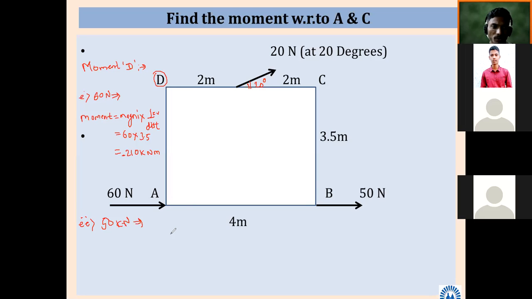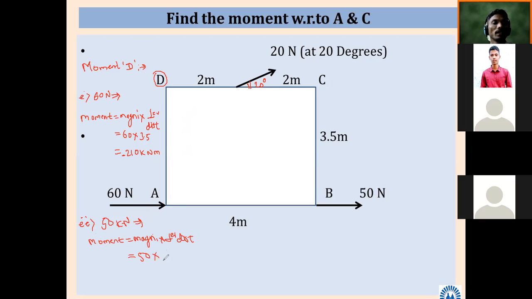The 50 kilonewton force is simple again, same as the 60 kilonewton. What will be the moment due to the 50 kilonewton force? Moment is again magnitude into perpendicular distance.